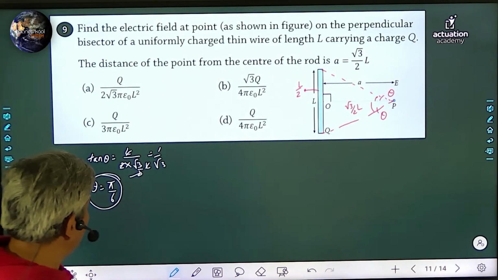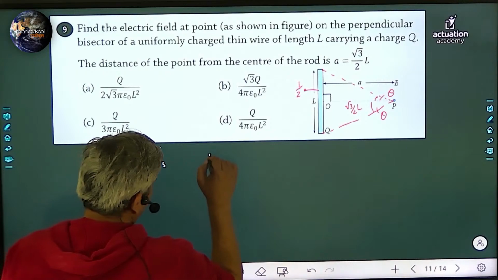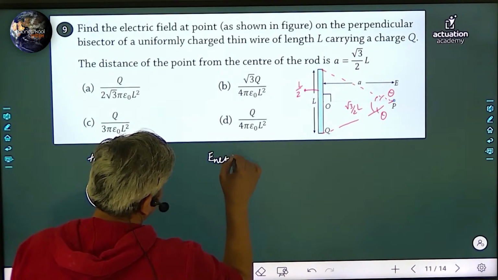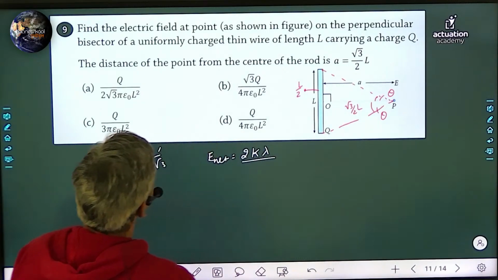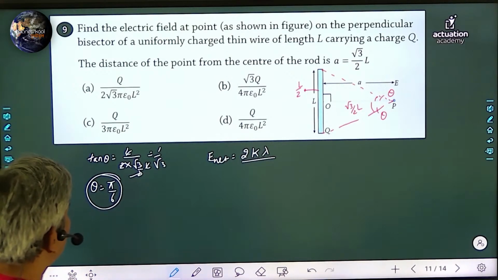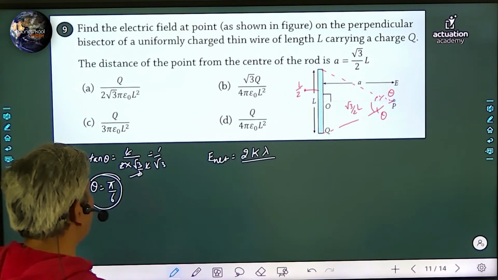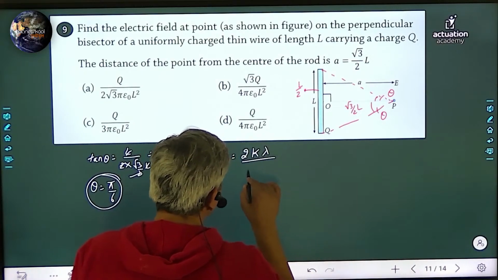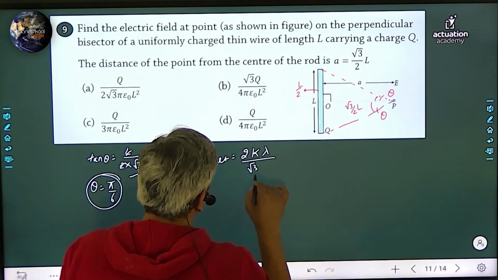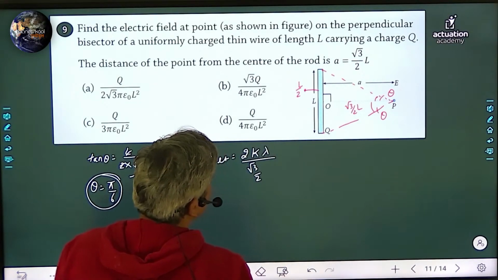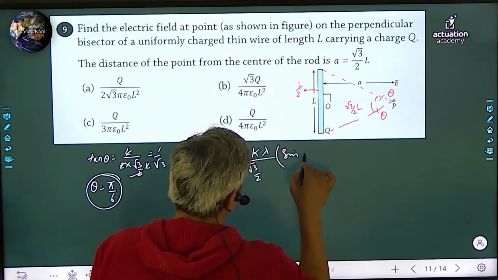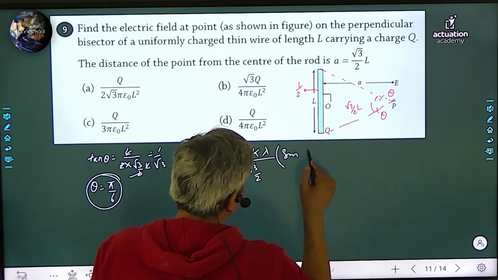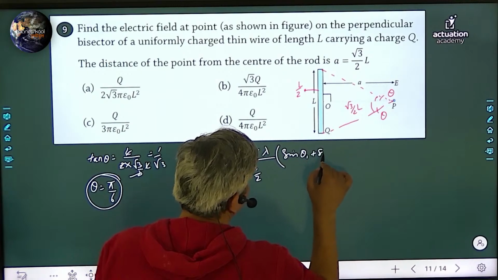Now E net, we know, can be written as 2k lambda divided by the perpendicular distance, root 3 by 2 L, into sine theta 1 plus sine theta 2.